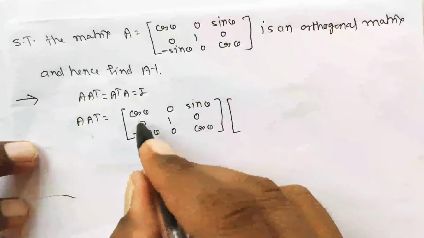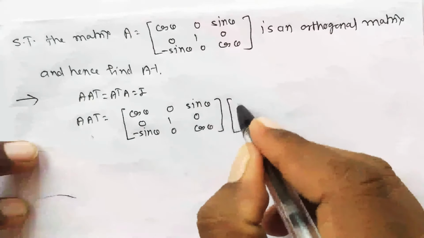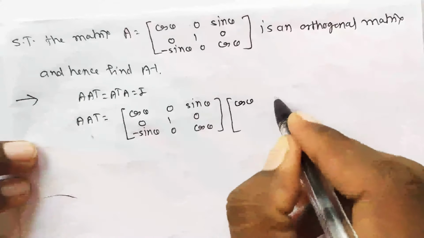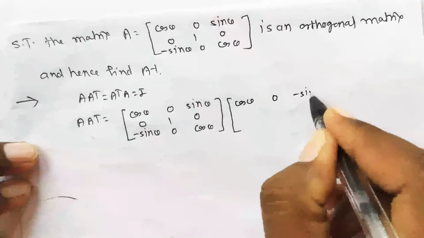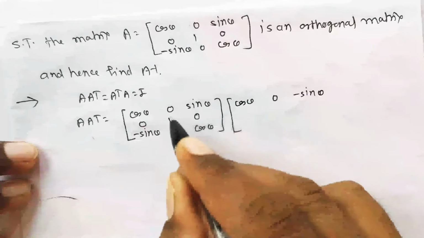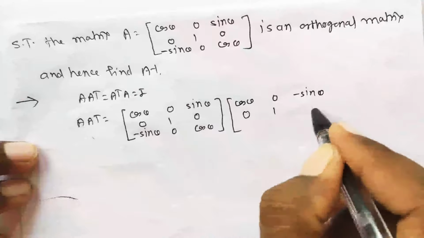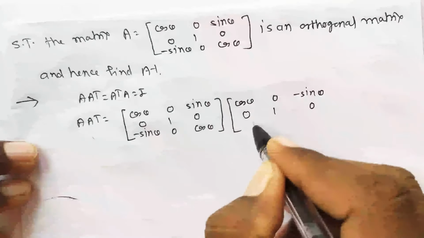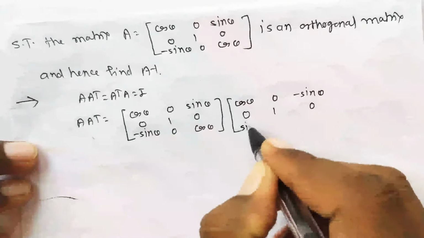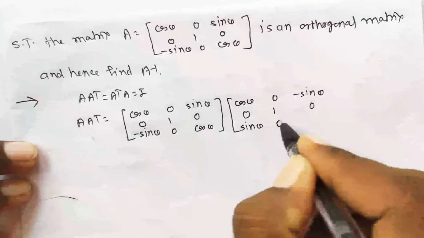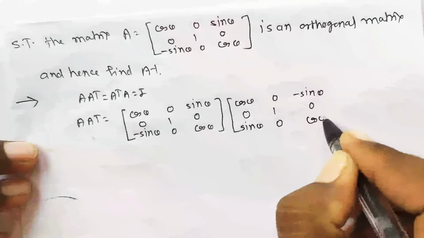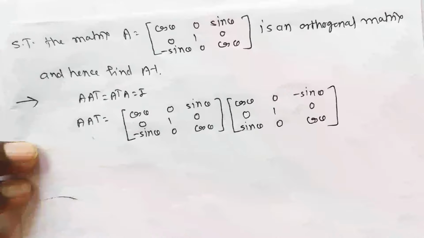Interchange rows and columns. The first column is written as a row, that is cos theta 0 minus sin theta, then second column that is 0 1 0, and third column of the first matrix is the third row, that is sin theta 0 cos theta. So this is the transpose of the matrix.